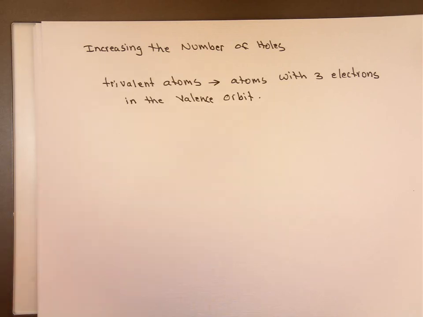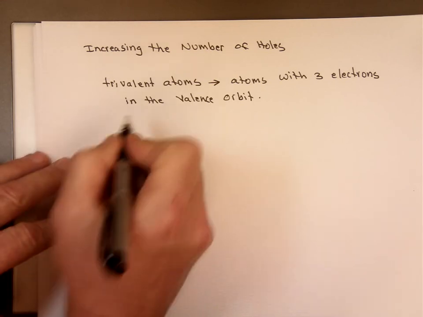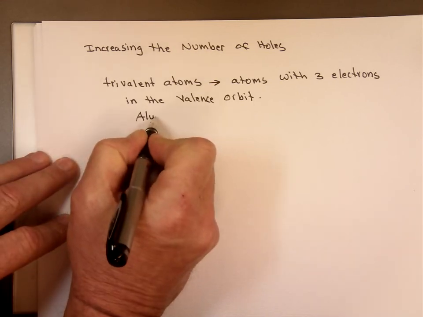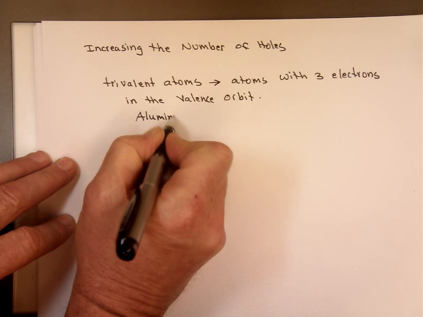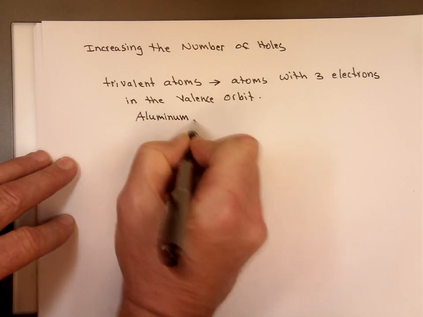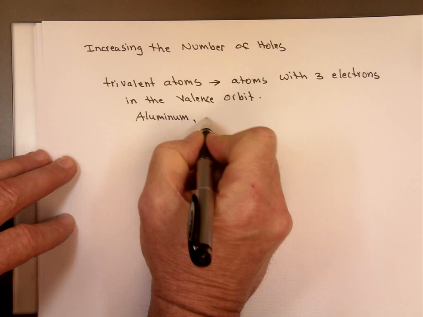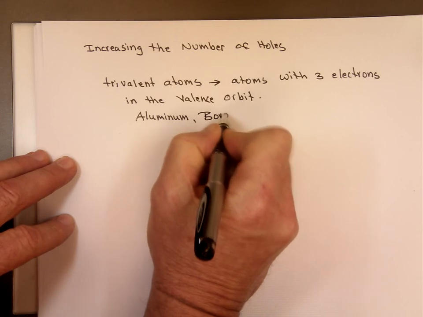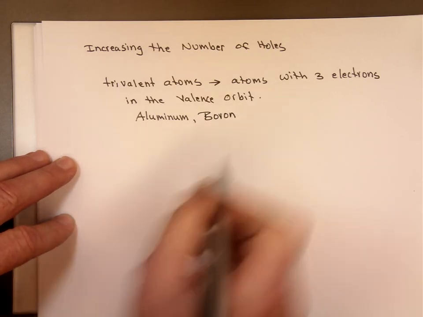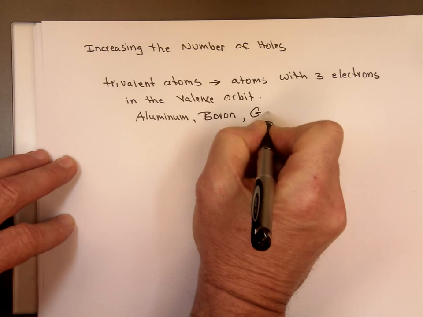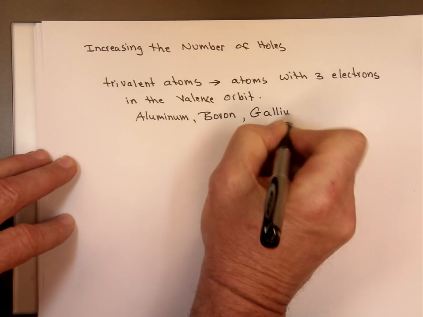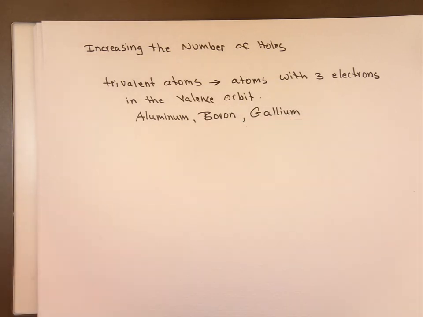What atoms have 3 electrons in the valence orbit? This could be aluminum, boron, gallium. They all have 3 electrons in the outer orbit.